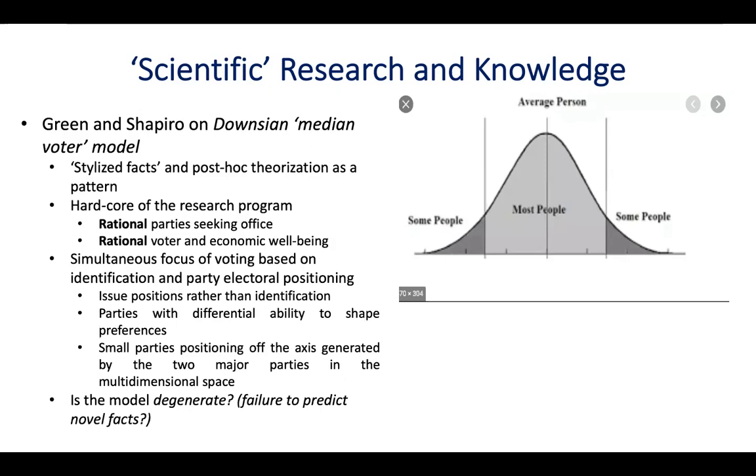Because here we are talking about the positions of political parties, how they shift their position from far left towards the median voter, and far right towards the median voter. And the rationality of the political parties to attract or to maximize votes to reach office, and then the rationality of the voter as well to vote for the candidates that would offer them some benefits, or would improve their economic well-being.